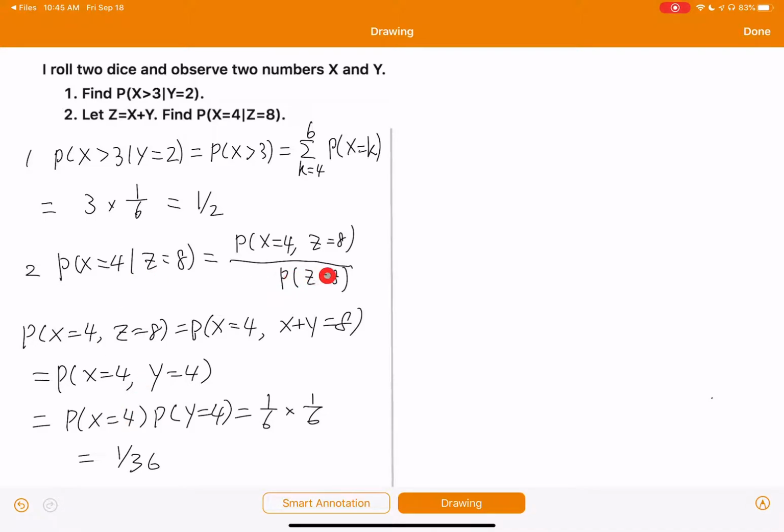Okay, let's calculate the denominator now. The probability of z equals 8 is equal to probability x plus y is equal to 8. Let's figure out, if x plus y equals 8, what are the possible values of x and y? x starts with 2, because if x is 1, then y is 7.